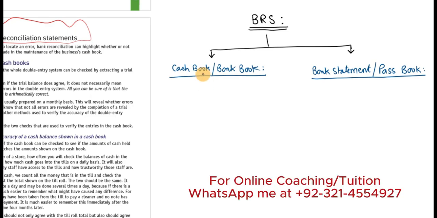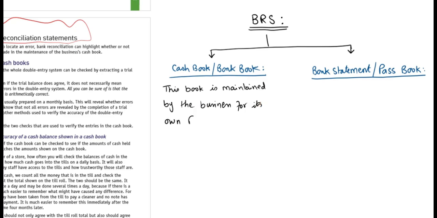The cash book is the account which the business is maintaining for itself. This book is maintained by the business for its own record.